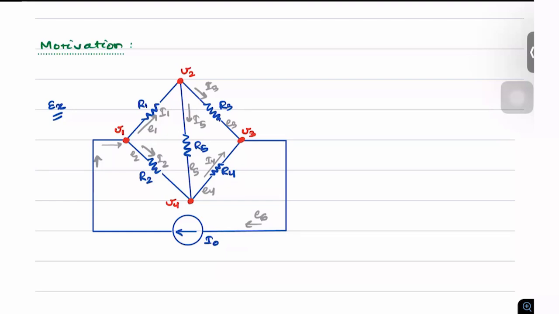Now, when we were studying the Laplacian matrices, we realized that the potential differences between the nodes could be easily expressed using the Laplacian matrix. So let us write up the fact.